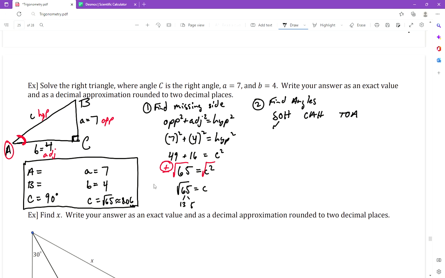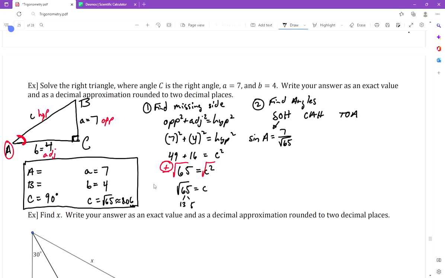I'm going to set each of these up. Sine of angle A is what I need to find. Sine of angle A is equal to the opposite, which is 7, over the hypotenuse, which is the square root of 65.